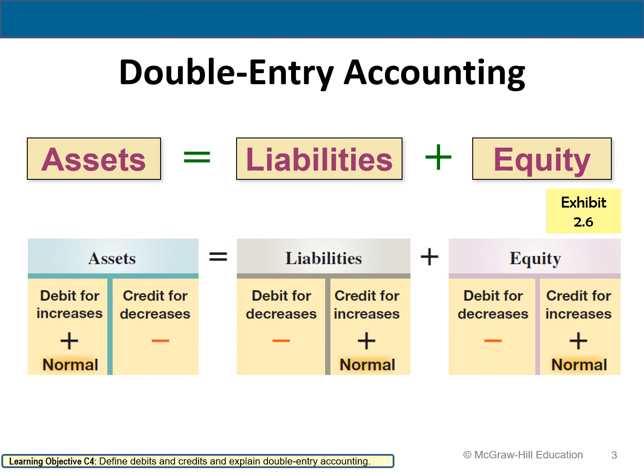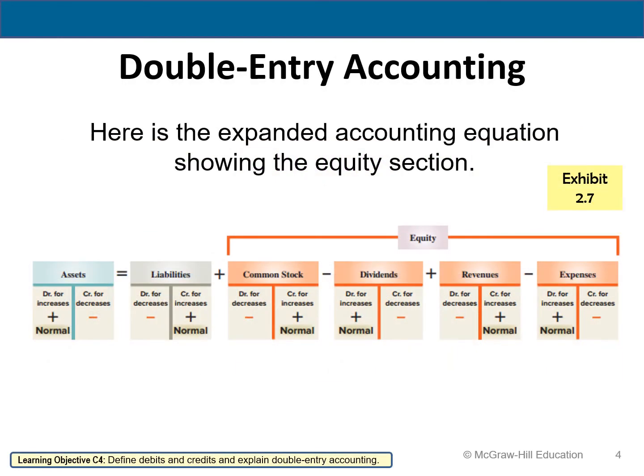We can expand this out a bit further and add more detail to the equity account, because equity is composed of common stock, dividends, revenues, and expenses. So we'll note that dividends and expenses have normal debit balances. And that's why they have minuses in front of them, because they reduce the equity account. Again, this is in the abstract. We will put concrete application to this in class.